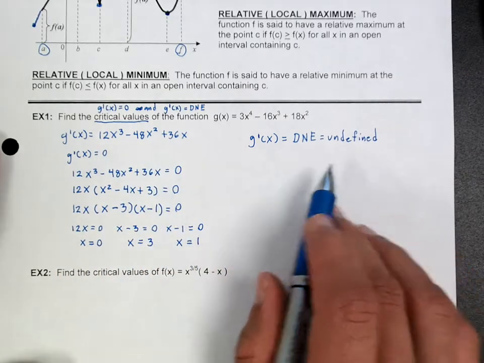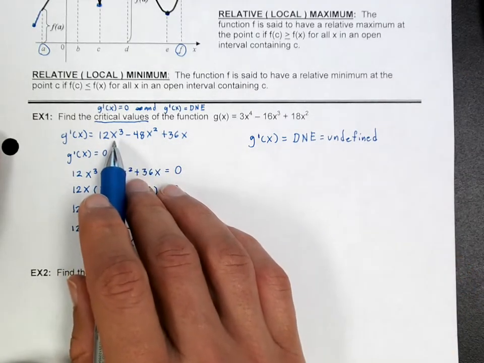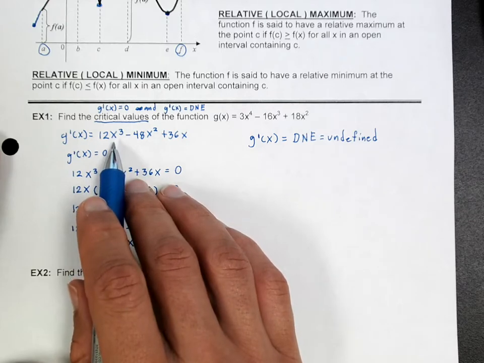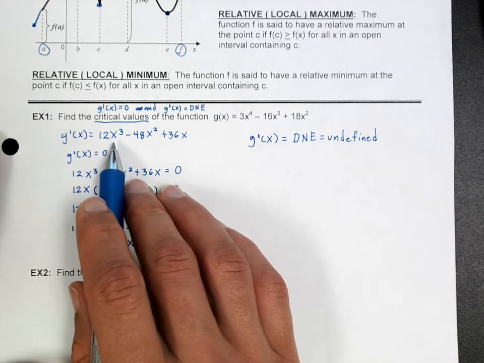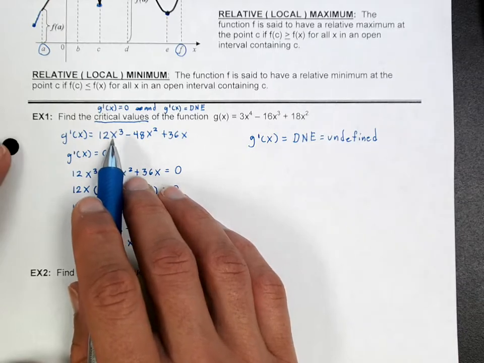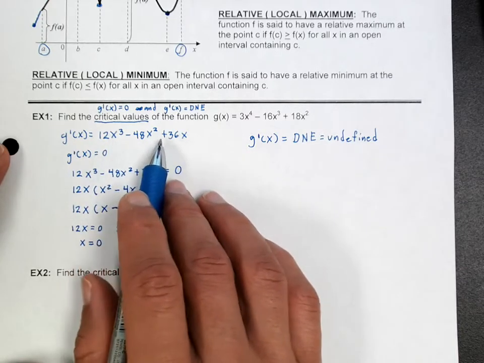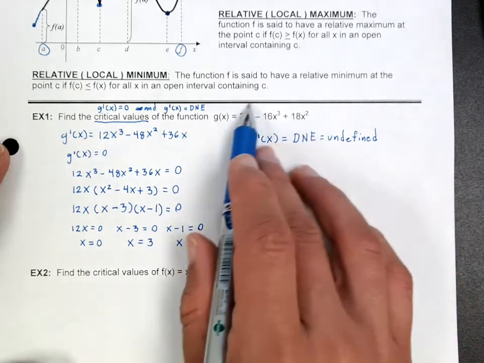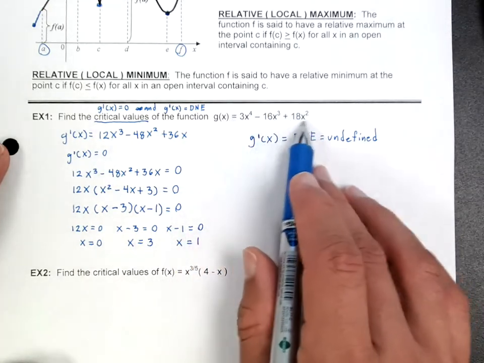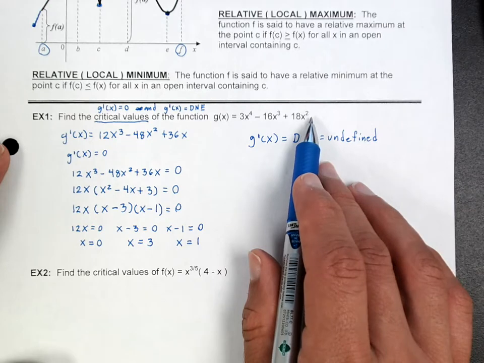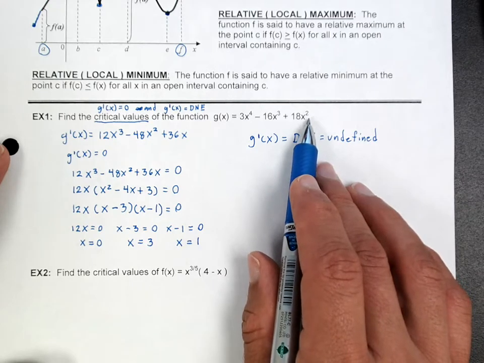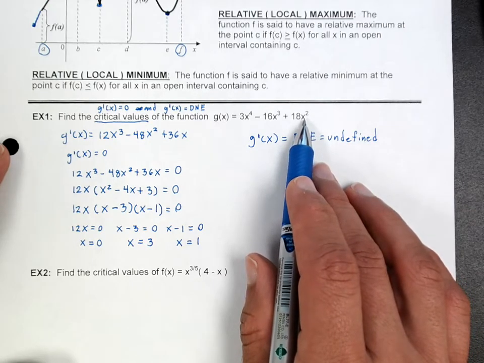Is there anywhere where you have any breaks or anything like that? If you're looking at the graph of this one, is there anywhere where you have a sharp point, a cusp, or a vertical tangent line?